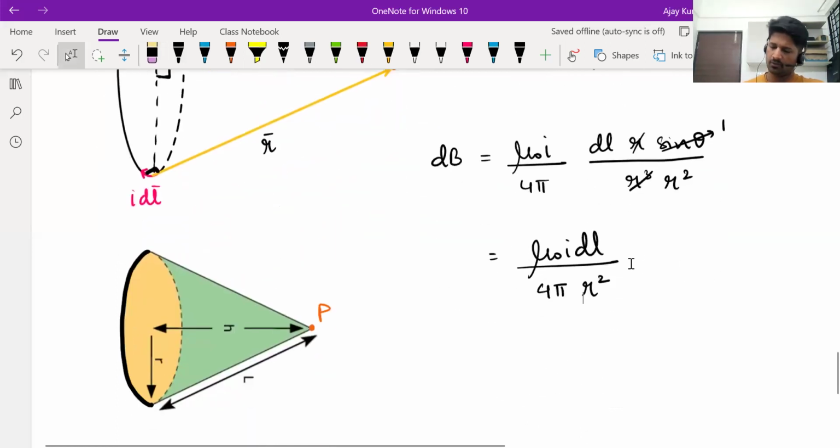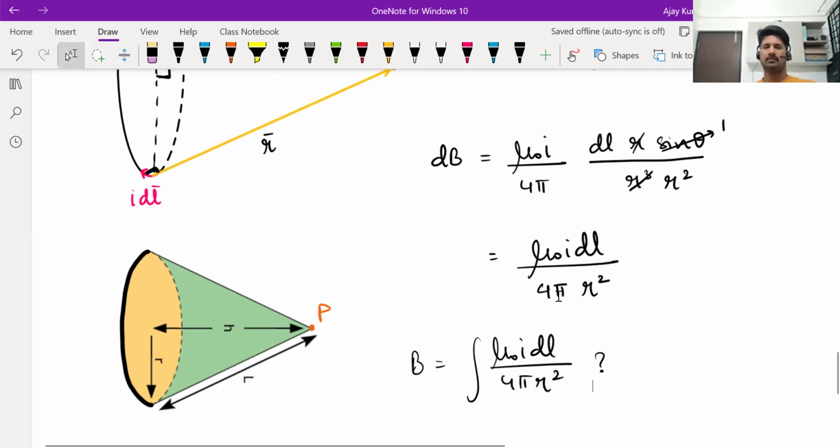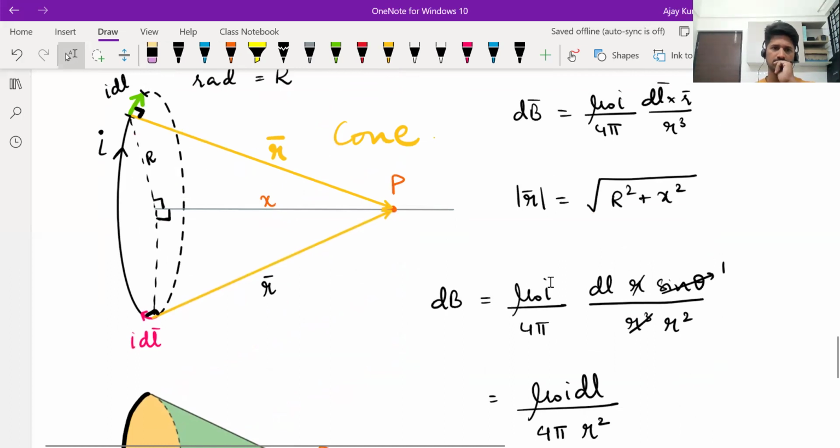Tell me, to get the net field now, can we directly write it as integral of mu naught I dl by 4 pi r square? Can we directly integrate this dB magnitude? No, sir. Yes, why not? Sir, here because of symmetry, the component sine theta will get cancelled, right?